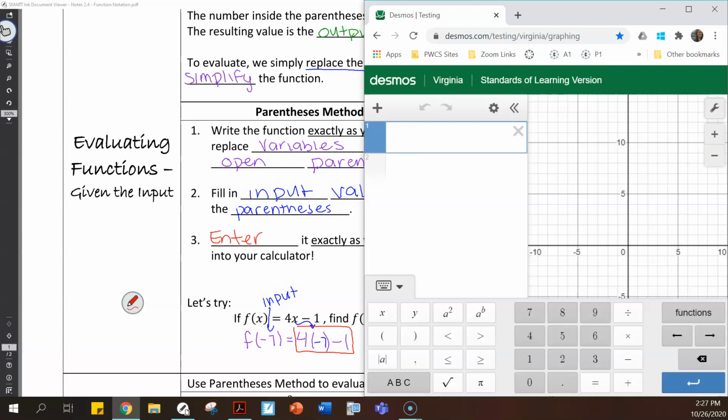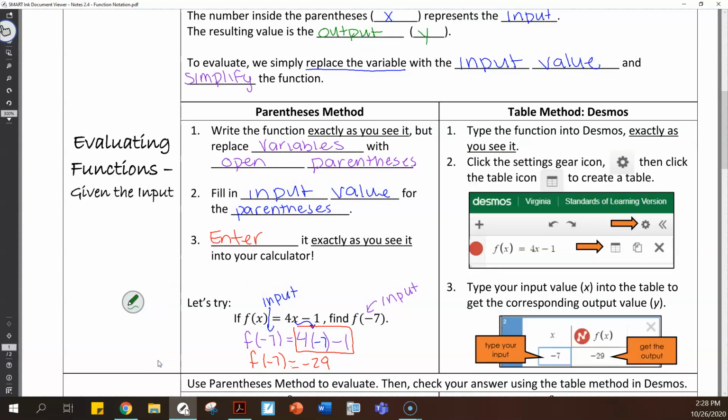So I've got 4, parentheses, -7, close it, -1. And when I calculate that, I get f of -7 equals -29. Okay, so remember the whole thing tells me my output value. So f of this tells me my output value. In this case, it's equal to -29.